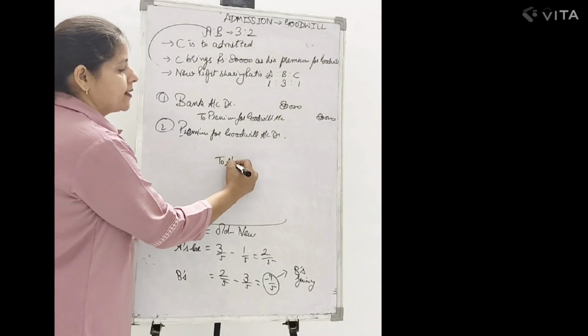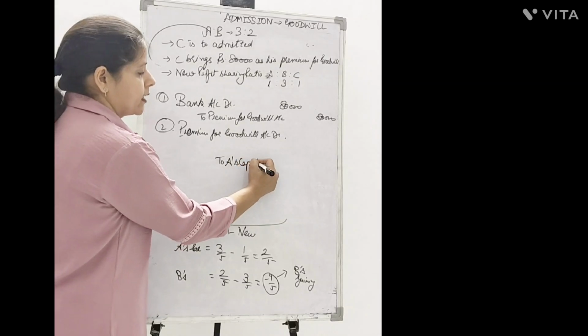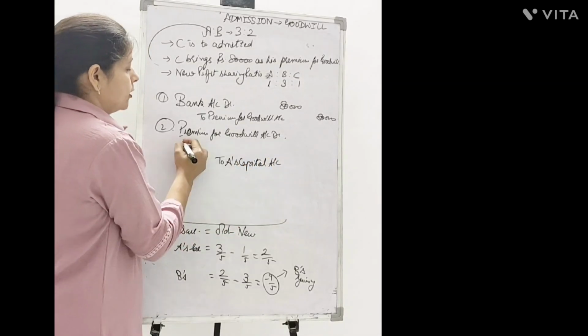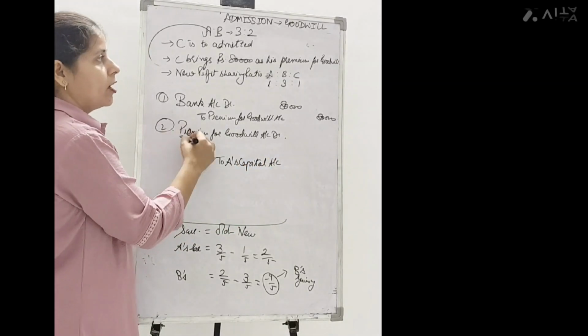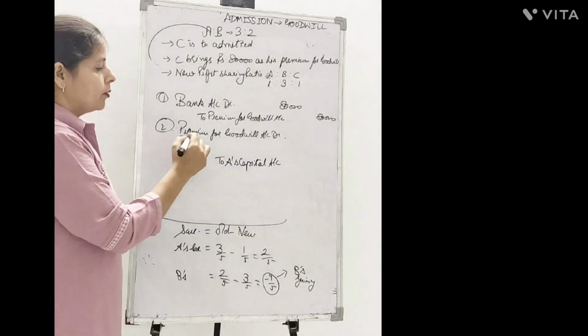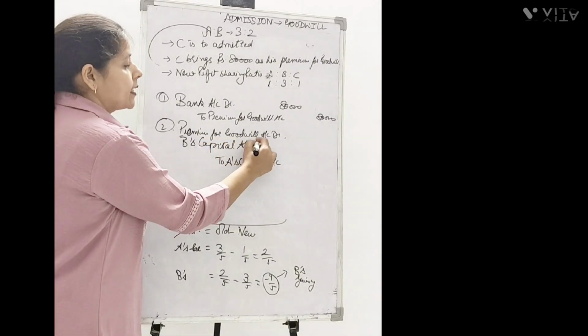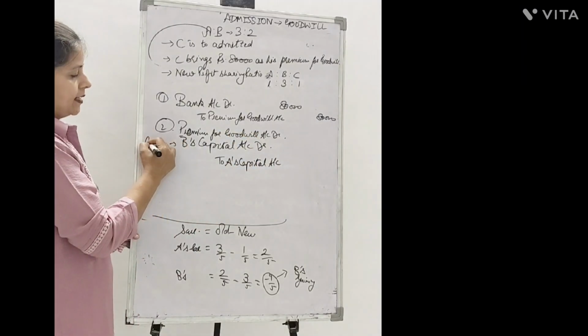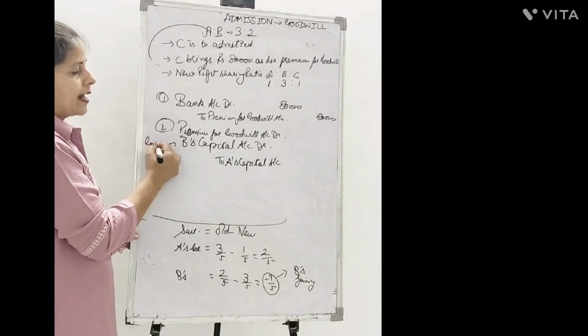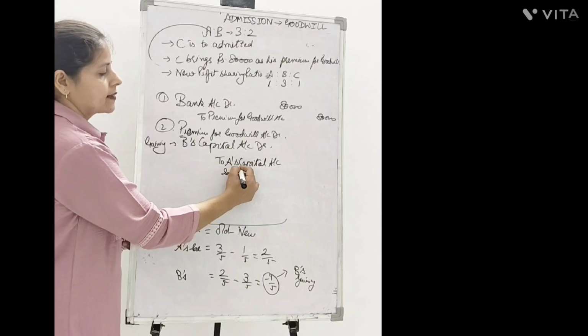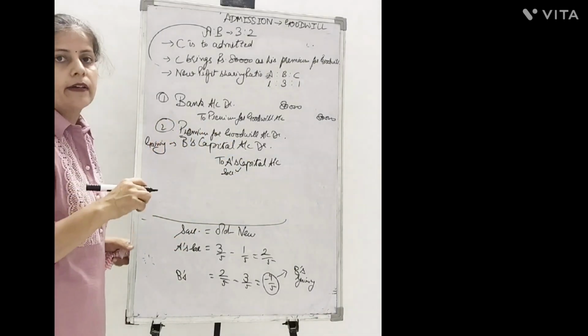So here the sacrificing partner is credited, but because B is gaining on the admission of C, B's capital account would be debited. Gaining partner's capital account is to be debited and sacrificing partner's account is to be credited, right?